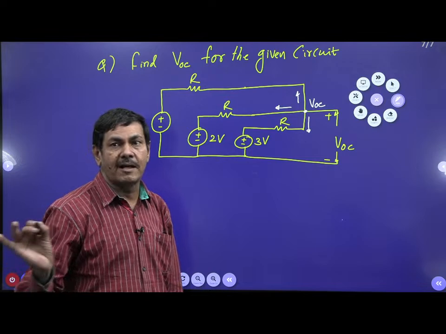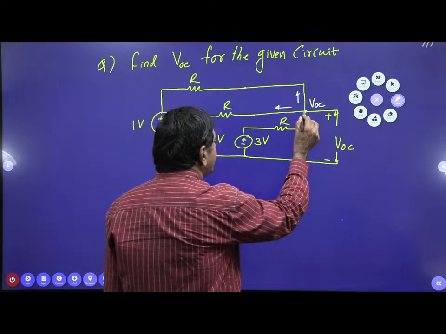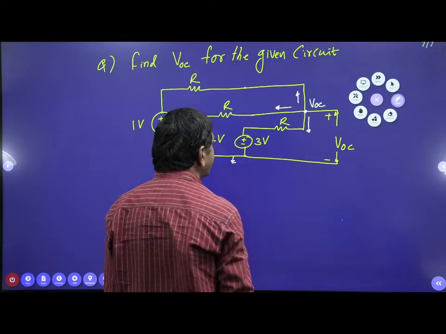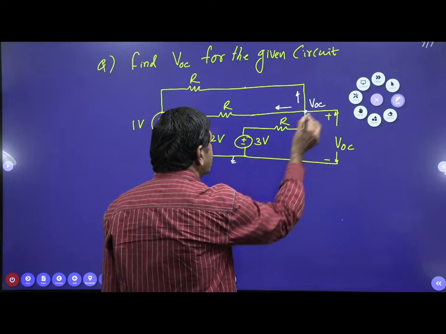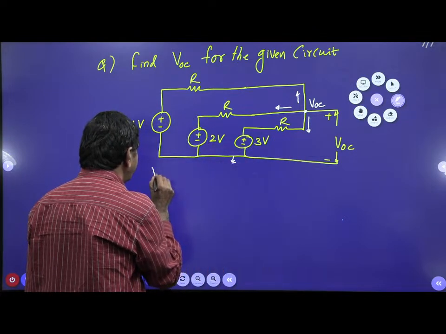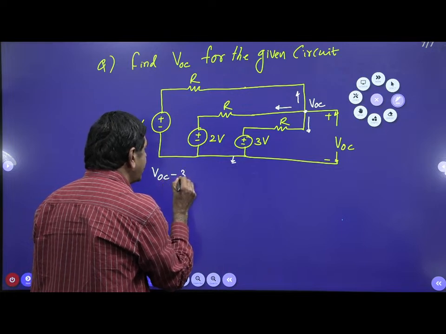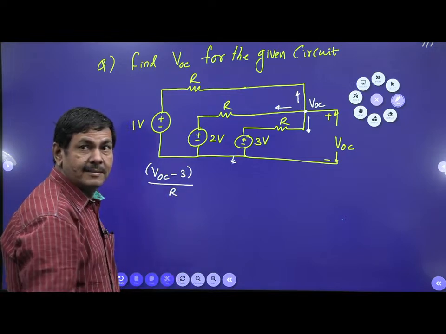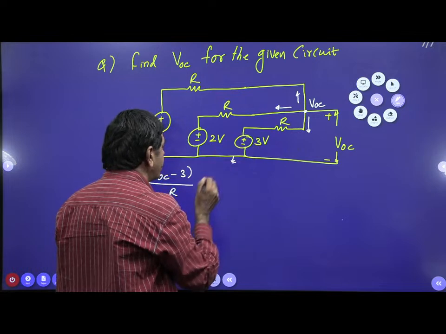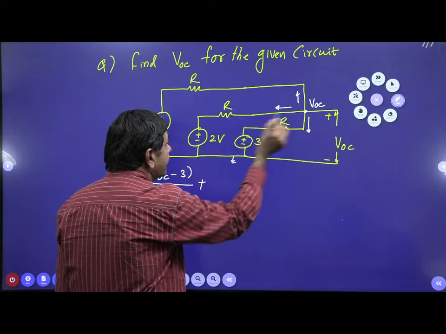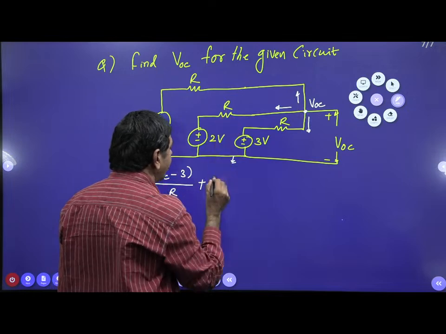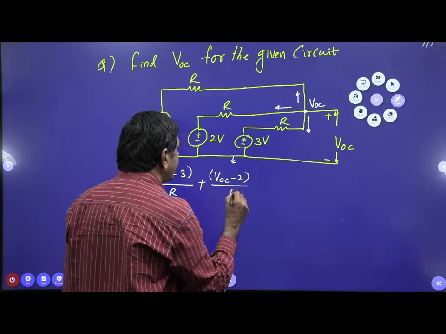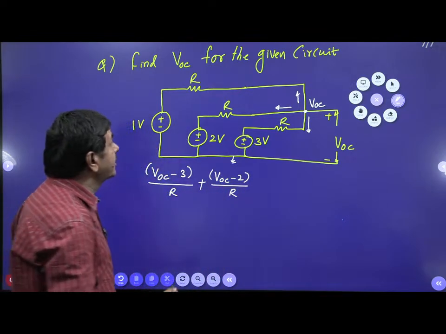Then apply Ohm's law. Ohm's law means how can we write? This current is nothing but VOC, this is the reference voltage, ground we can put. One reference, one ground is a must. VOC minus 3 divided by R. Then this node voltage minus 2 divided by R: VOC minus 2 divided by R. What about the third equation?